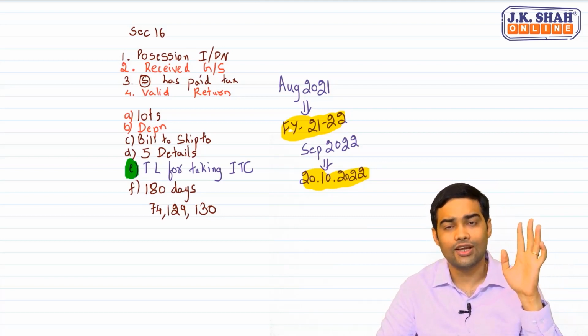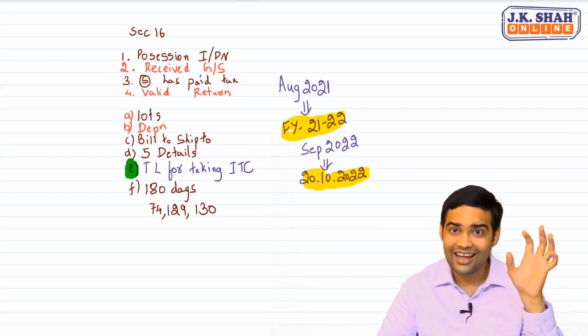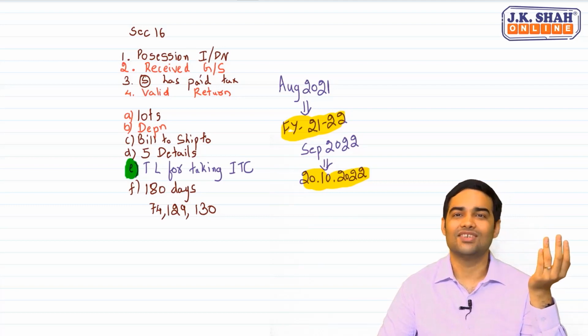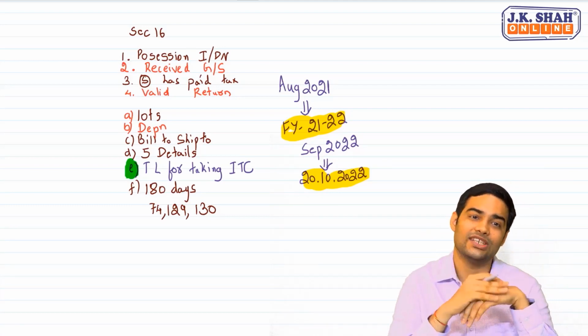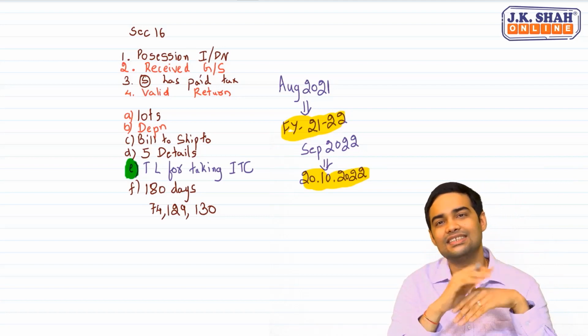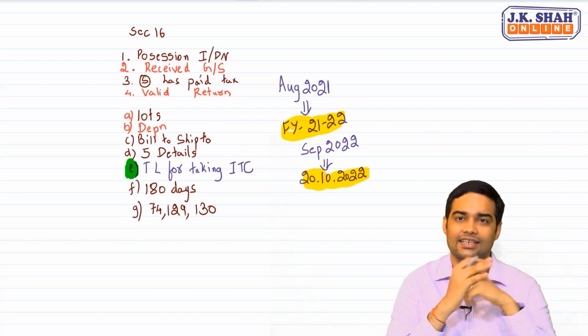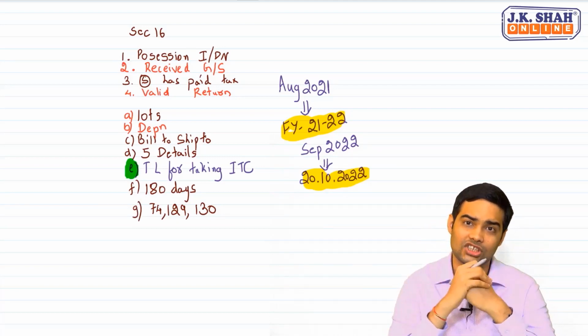Section 129: search during transit, while the goods are moving. And section 130 is confiscation of goods, where ownership gets transferred to the government. So in these three cases, you will not get input tax credit. So these are the conditions which are specified in section 16.